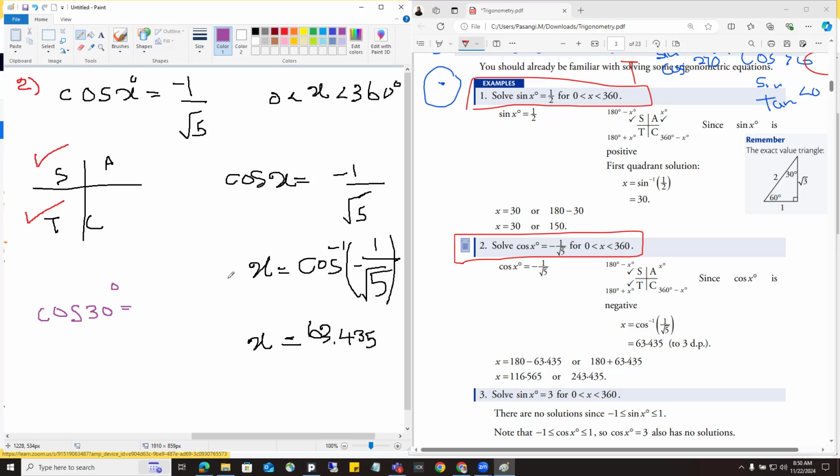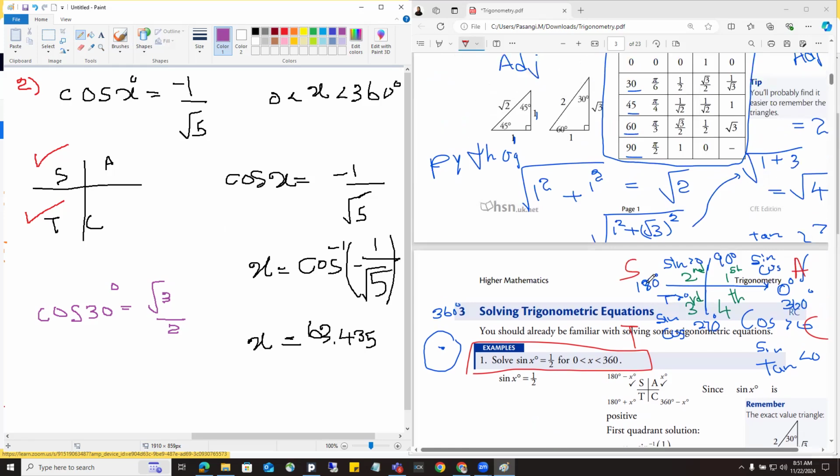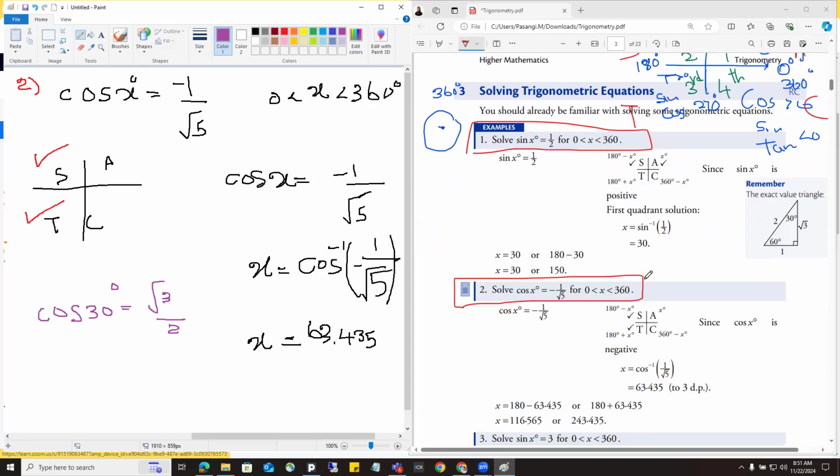Cos 30 is root 3 over 2. Root 3 over 2. Okay, that's what we have for cos 30: root 3 over 2.